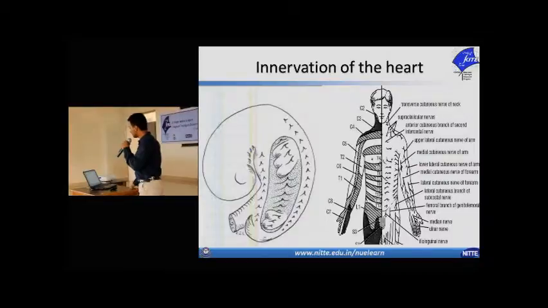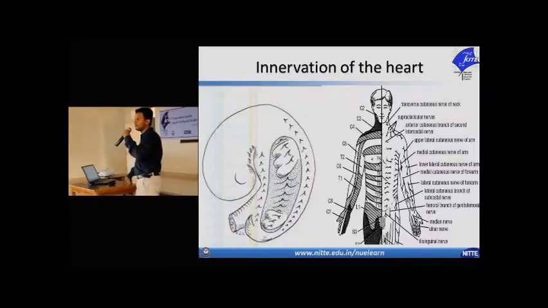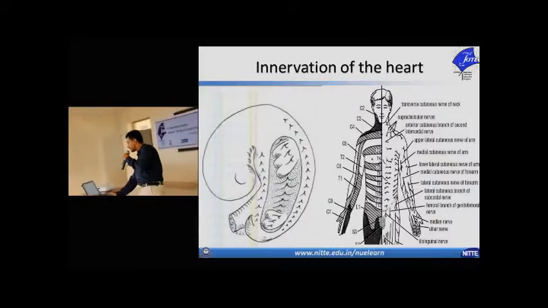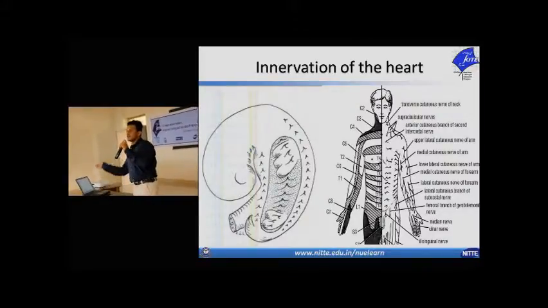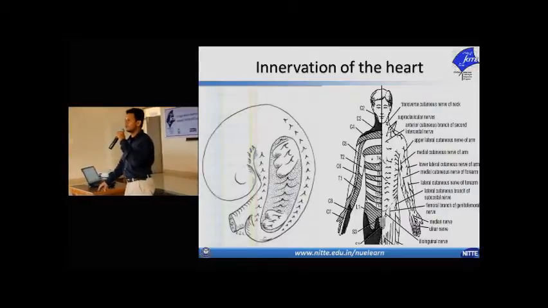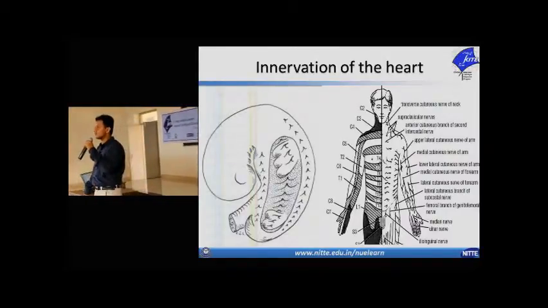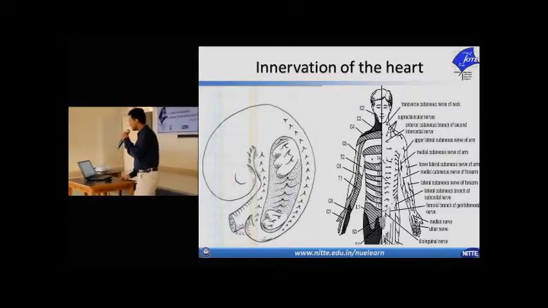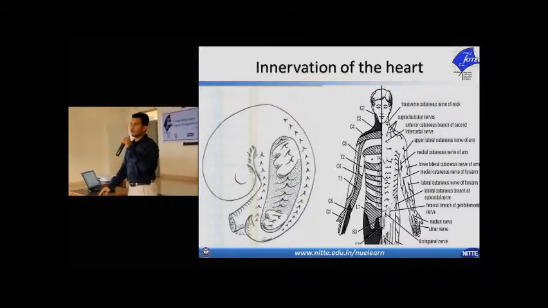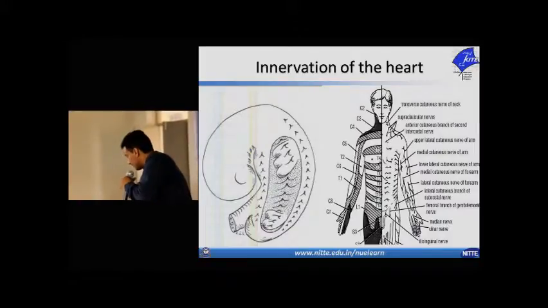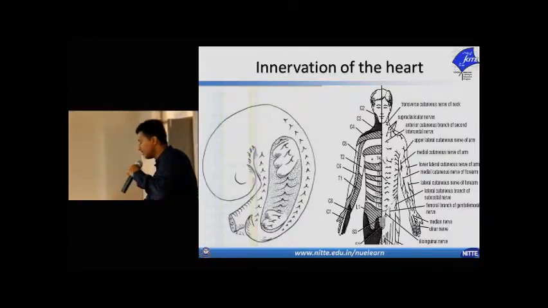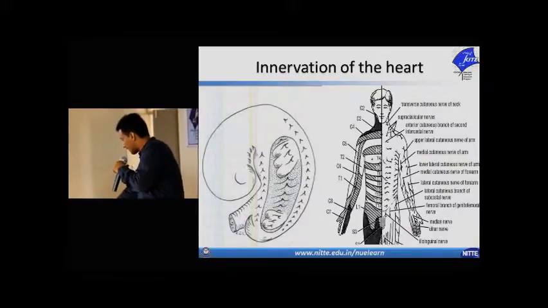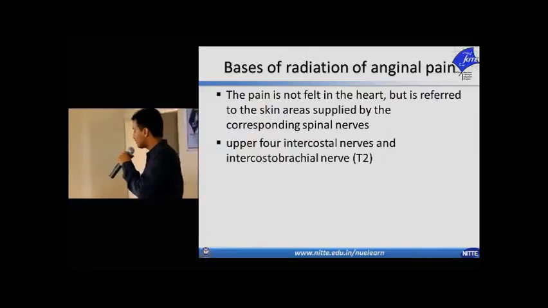Here is a diagram which shows the development of the limb bud along with the cardiac area. This limb bud, you can see it is in the cervicothoracic region, and the cardiac area is also in the cervicothoracic region during development, so that they share a common dermatome. This is the dermatomal distribution, which is common to both the heart and the limbs. So this is the basis of radiation of anginal pain.